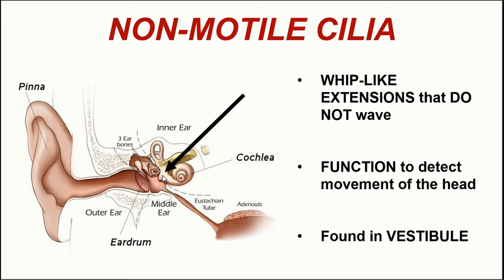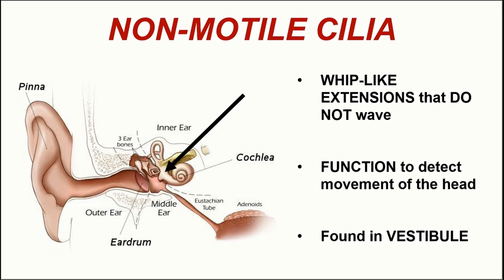And the vestibule functions to detect movement of the head and acceleration. This is what contributes to our balance and equilibrium. And so we find non-motile cilia there that bend in response to movement of the head. So the cilia themselves don't bend on their own. They simply bend in response to the movement of the head, and that's what detects balance and equilibrium for our bodies.